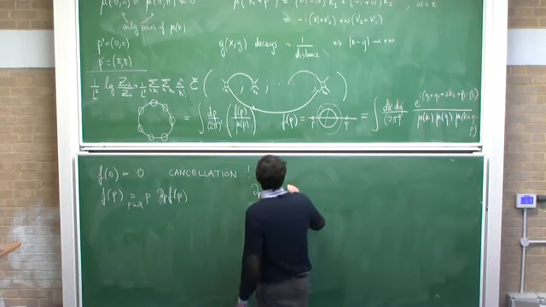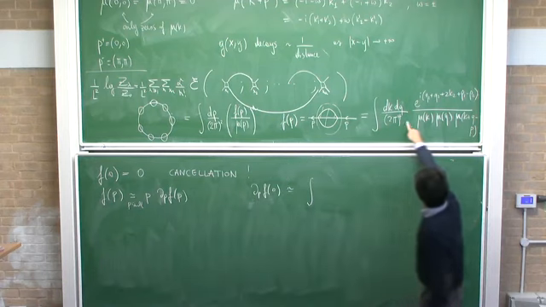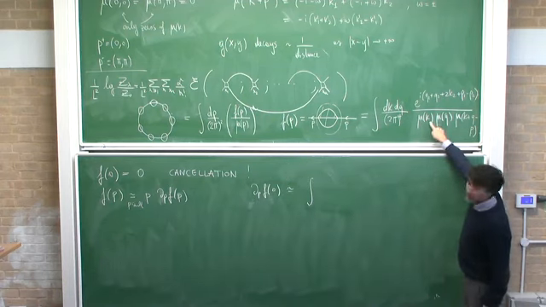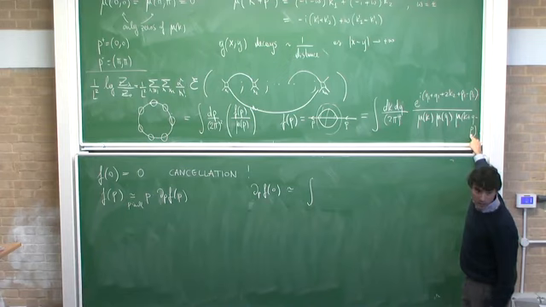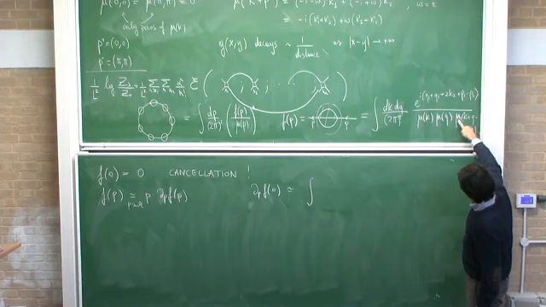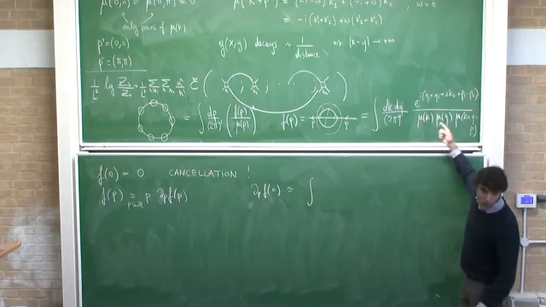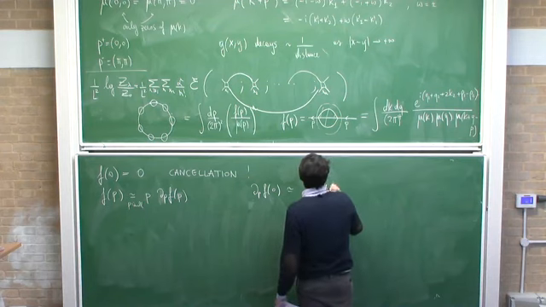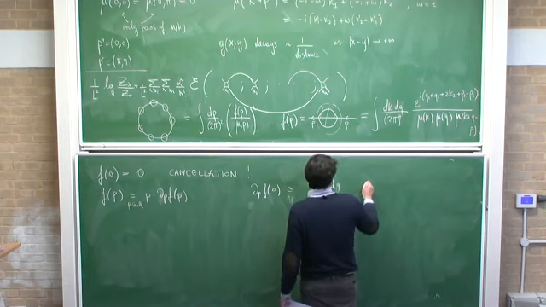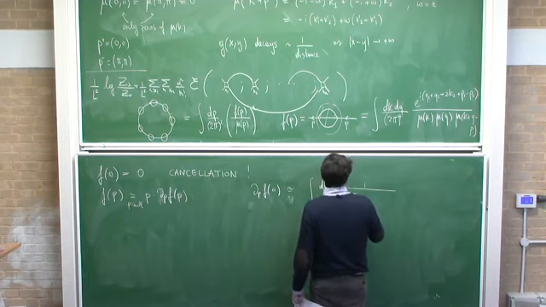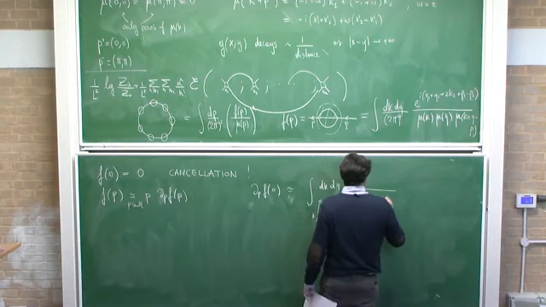So d_p f of 0 is something like, what should you do? Remember, this is essentially linear around 0. So this is a bit like, roughly speaking, k plus q minus p. If you differentiate with respect to p, here you get a 1, and this last term is replaced by k plus q minus p squared. So this is roughly speaking something like, for k and q small, dimensionally speaking, k plus q squared.